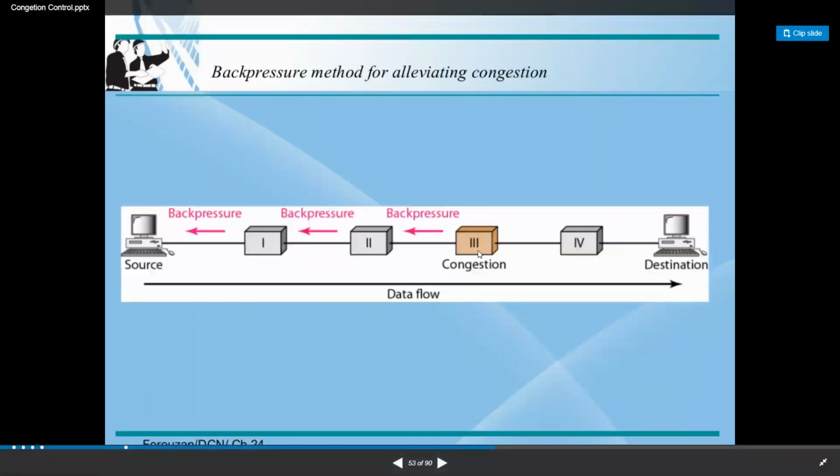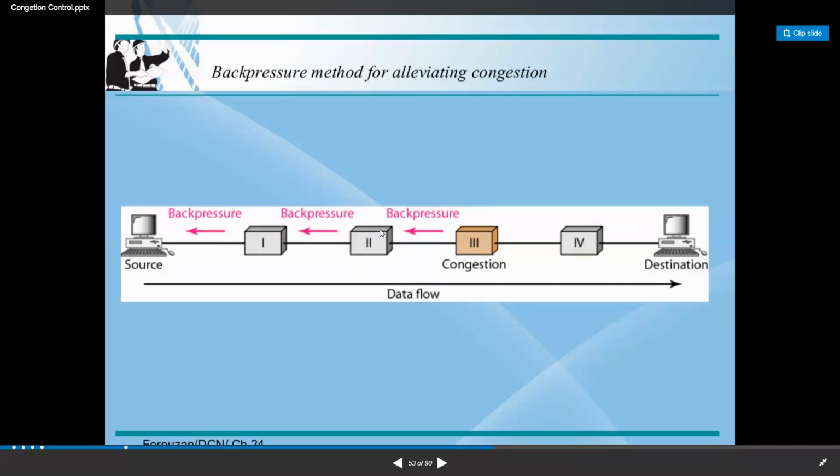Here, the congestion occurs here. This congestion notification is sent to the previous router, and then to the previous router, and finally to the source. It will take some time for the congestion information to reach the source.